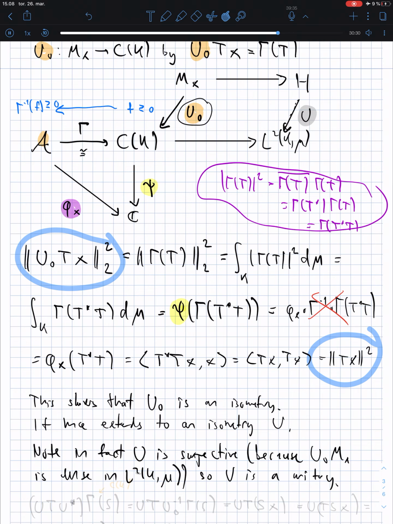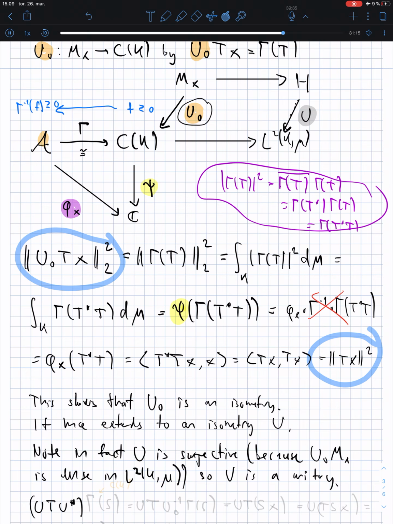But of course, I'm not done yet, because the claim is that when I apply U to my abstract von Neumann algebra A, I end up with L infinity. So in order to try to convince you that my U will actually move A into L infinity, let's look at a concrete example. We take U T U star. So U T U star is an operator that starts and ends in L2 of K mu. But I'm not going to apply it to a general element in L2 of K mu.